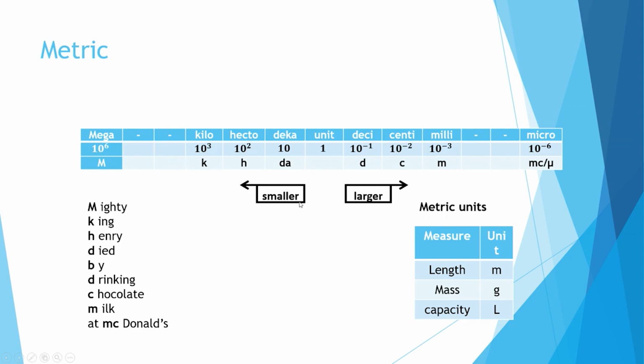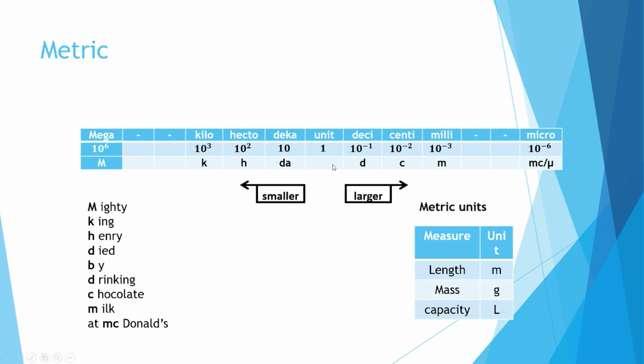Now what this means, these arrows from smaller to larger, is if I have 1 liter, and I want to move this way to a kilo, that's going to make it look smaller. Whereas if I have 1 liter and I want to convert it to milliliters, if I go to a deci, that's moving the decimal place over once.